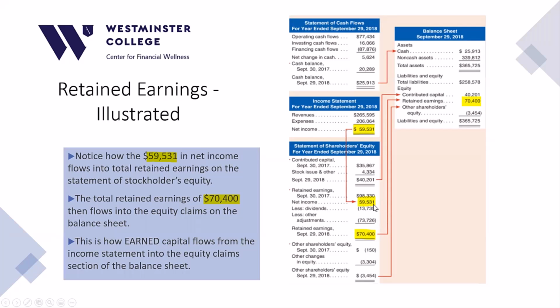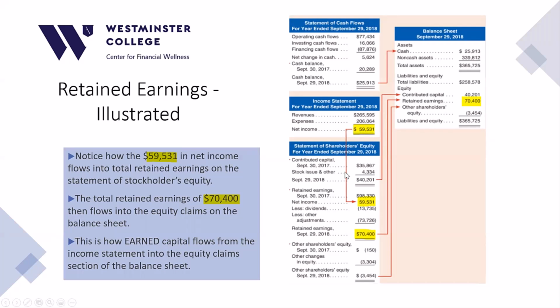Specifically, our $59,000 increases our retained earnings. And in this particular statement, we have two decreases to retained earnings of 13 and 73. So if we take our 98, add our 59, subtract about 86, we end up with an ending retained earnings of 70,400.